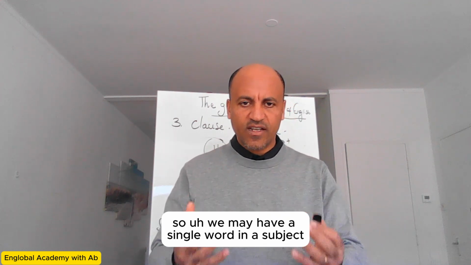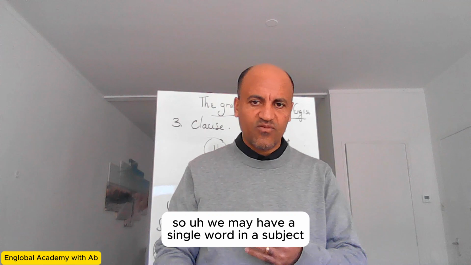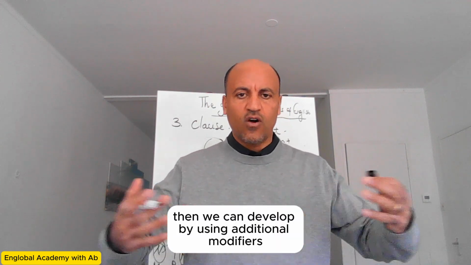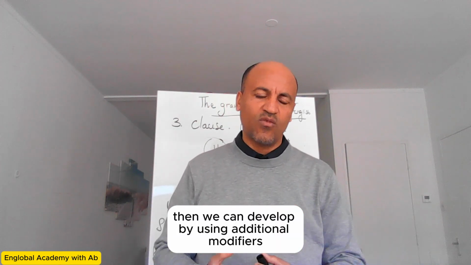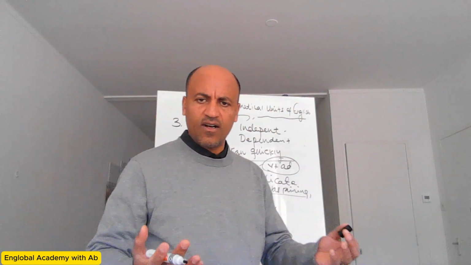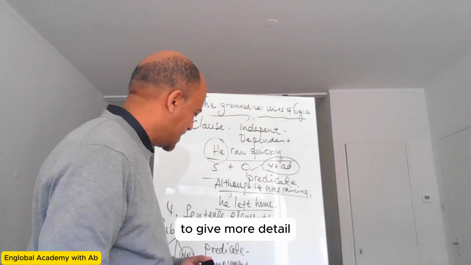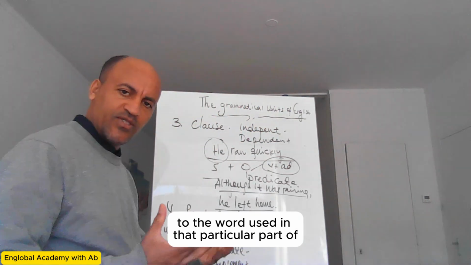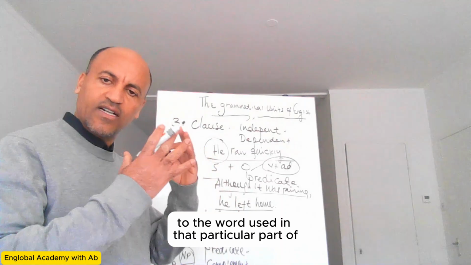We may have a single word as a subject, then we can develop it by using additional modifiers, adjectives, and articles to give more detail to the word used in that particular part of the sentence.